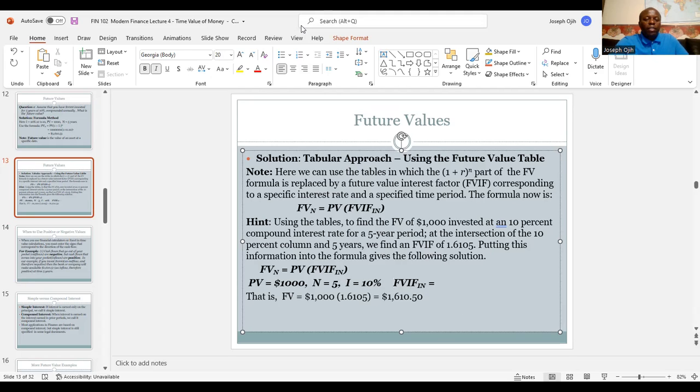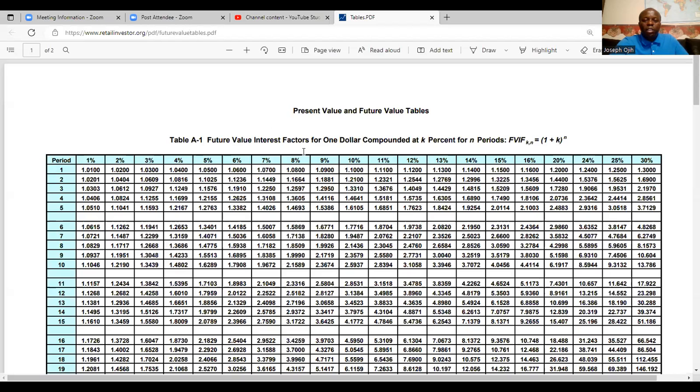With the table of future values, you can see the future value interest factor for $1 compounded at K%. So you can see right there, this represents this part of the equation. Now, at 10%, and the period is 5 years, you follow 5 years and go under 10%. You can see it right here.